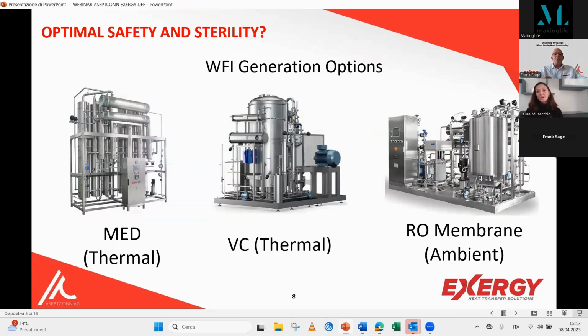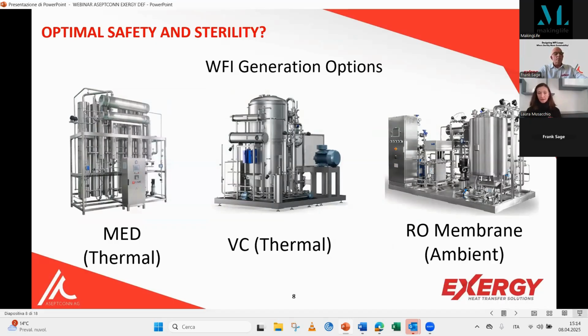As you probably already know, at the moment we have 3 main technical processes to produce water for injection, 3 generation options. The first one, which is called thermal, like the second one, is multiple effect distillation.